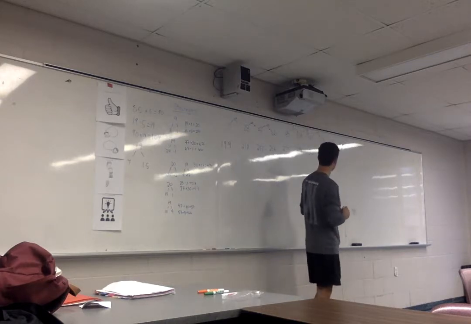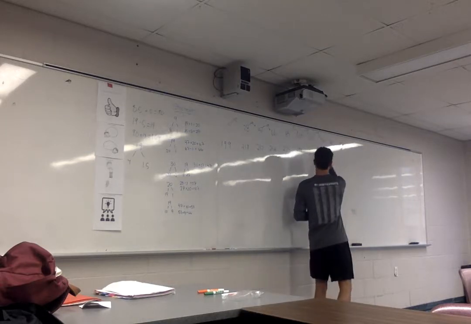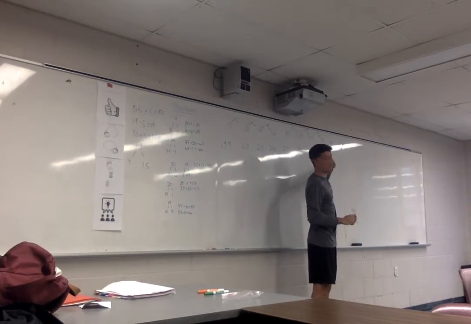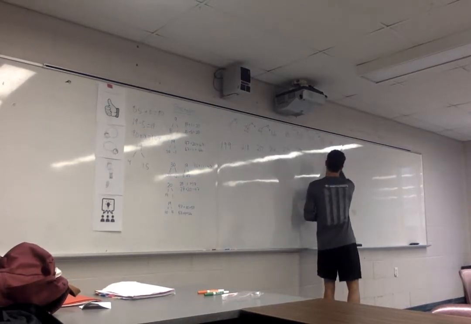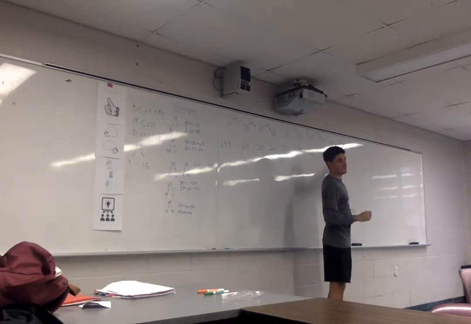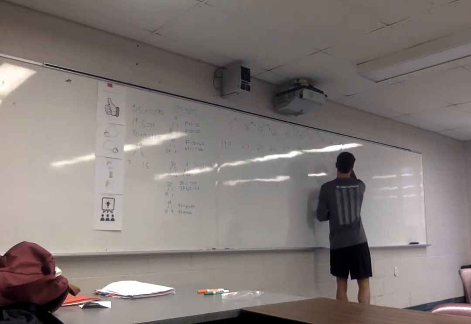Very good. Okay. Kind of figuring it out. Lucas? 332. Tiffany? That would be 351. Yes. 70.